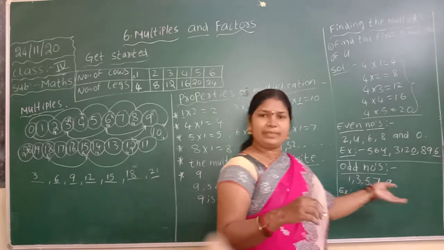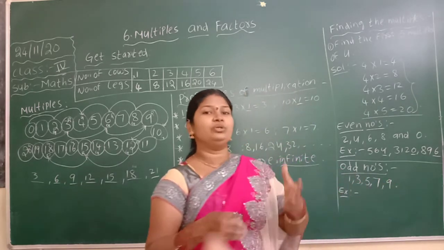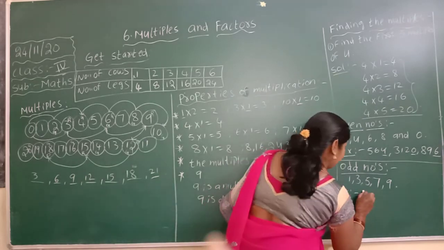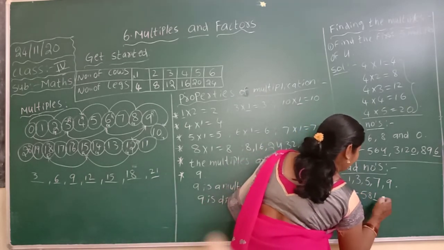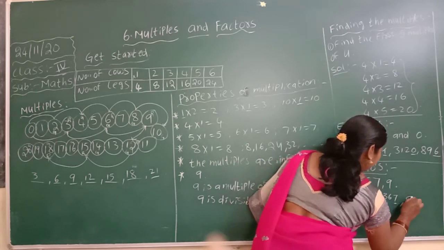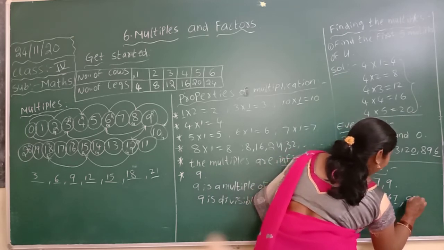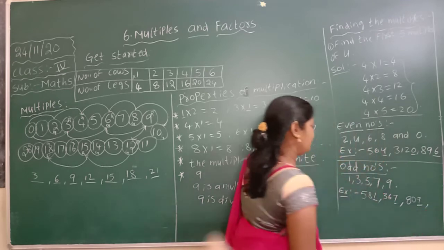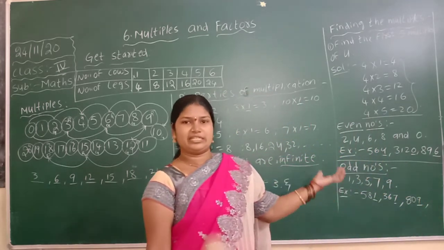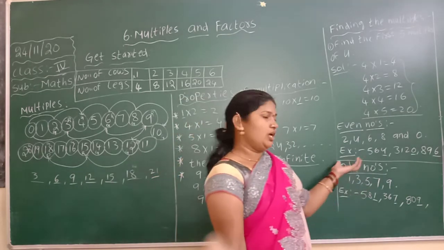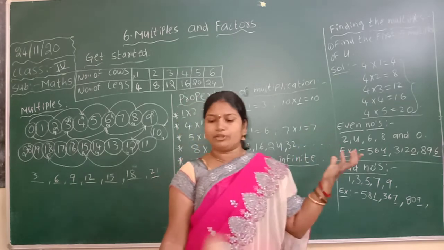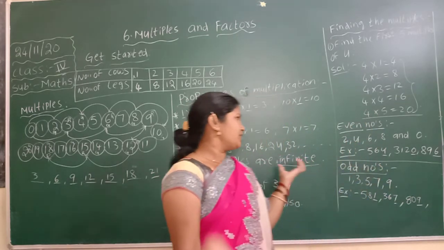If one of these numbers is in the ones place, the total number is known as an odd number. That is 581, 367, 809, like this. You have to observe the ones place. Okay. All these definitions you have to read.